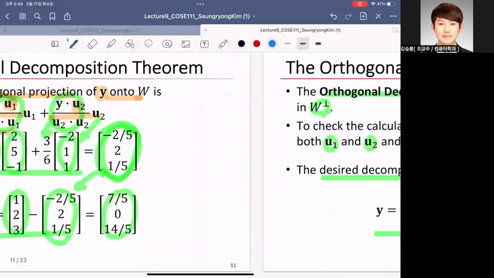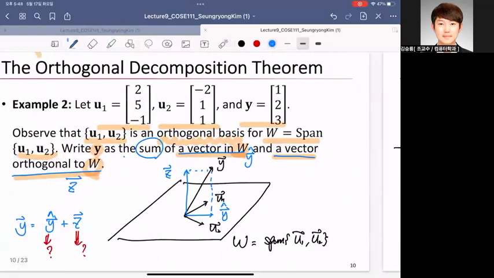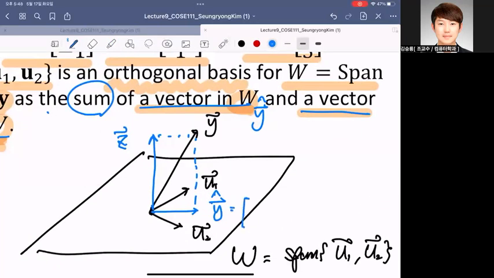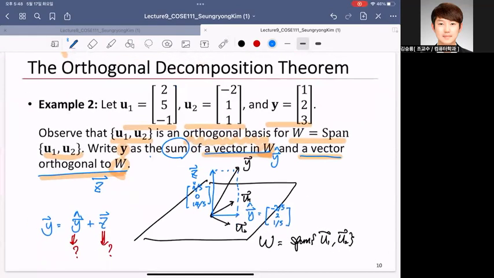In other words, in this case, y hat was negative 2 over 5, 2, 1 over 5, and z is equal to 7 over 5, 0, 14 over 5. This is the orthogonal decomposition of an arbitrary vector y onto subspace W.